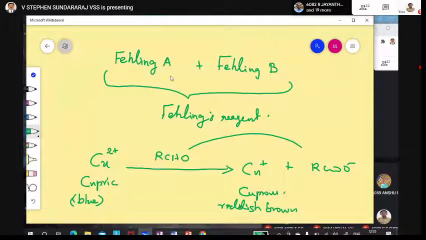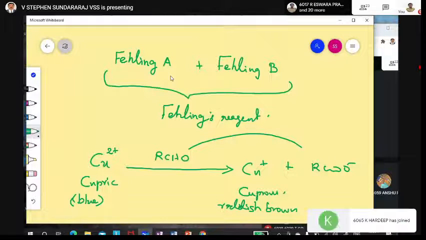So here you just write down Fehling's A is aqueous copper sulfate. Copper sulfate, you know, the blue color salt dissolved in water.